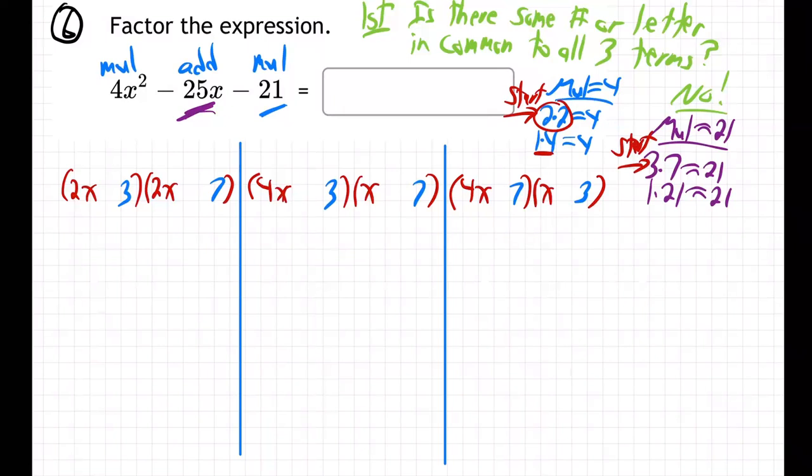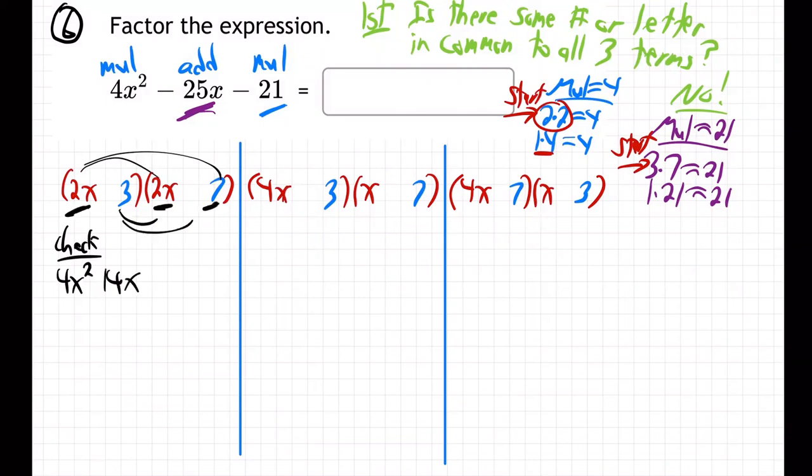Okay, so one by one, we got to check things out. Here we go. It's going to be 4x squared. There's 2x went to both these guys. And then the 3 goes to both of them. 6x, 21. Now, remember the whole question is about, can we do the middle term? It's all about the middle.